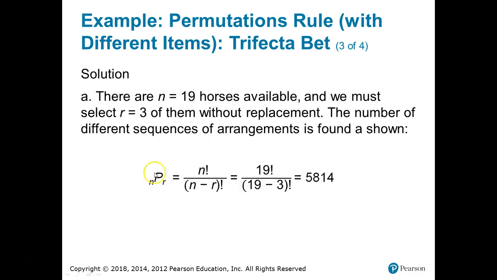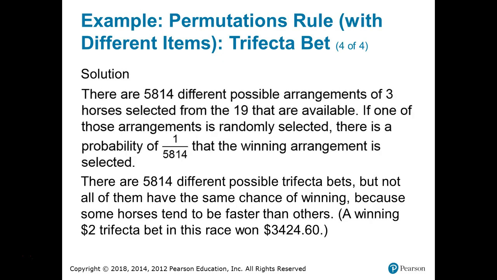With 19 horses available, we must select 3 of them without replacement, so r is 3, and the equation is as follows. 19 factorial divided by 19 minus 3, or 16 factorial, equals 5,814. So there's that many possibilities, and then we'll go to part B now.